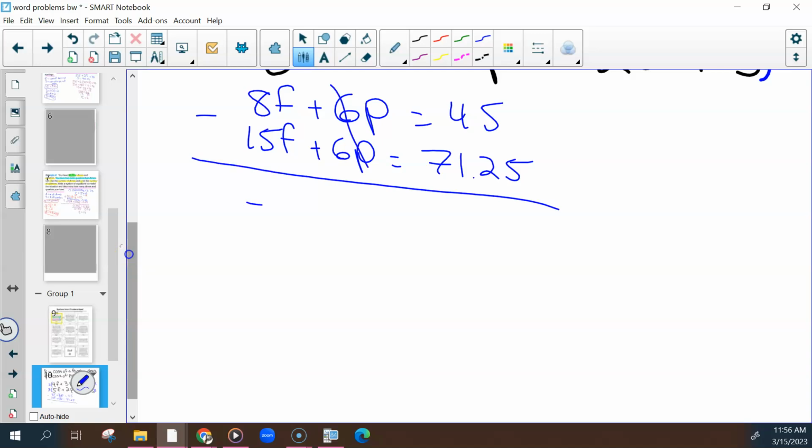We have negative 7F equals whatever that is. Subtract that. Tell me what you get.